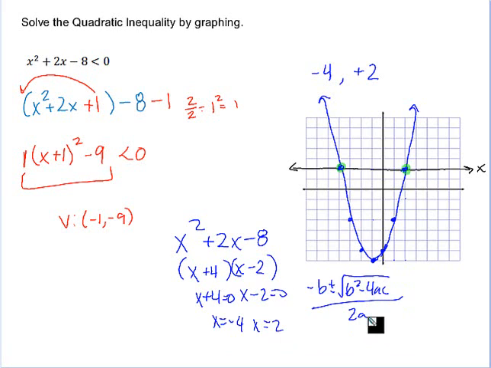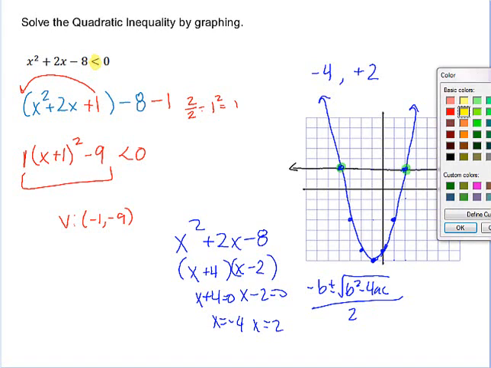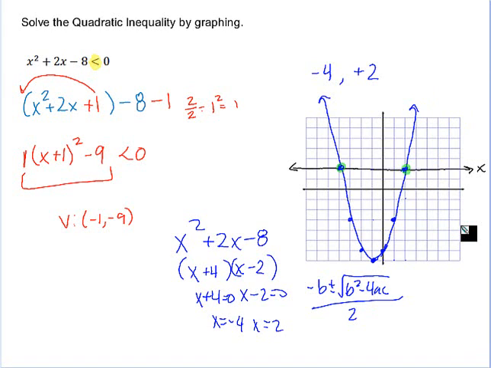And now we want to pay attention to the sign here. So the sign of the inequality says less than right there. So less than is going to mean that we want the values that are below it. So here, when we look at this graph, our graph is less than in this section.